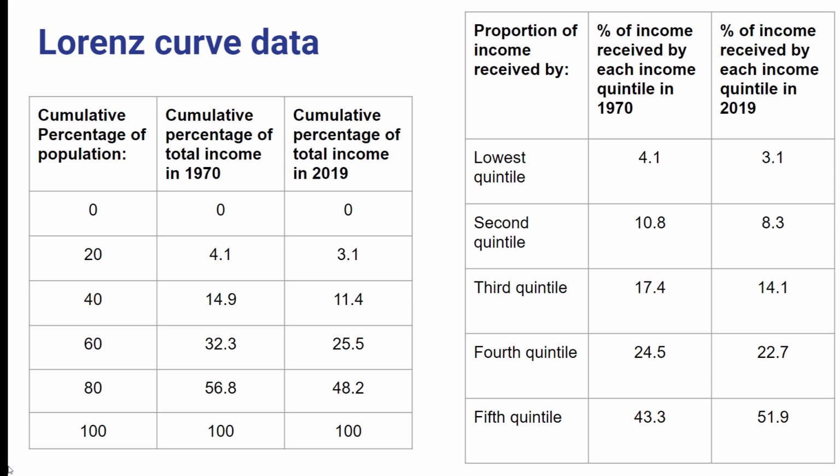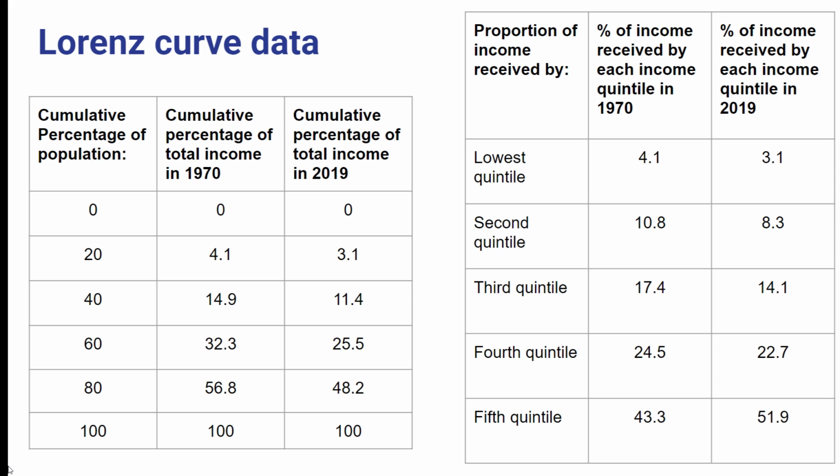But when we look at the 40th percentile for the population, we're looking at the total proportion of the income received by households in the bottom 40%, which would consist of the total share of income received by households in the bottom two quintiles. So in 1970, that would be 4.1 plus 10.8, or 14.9.